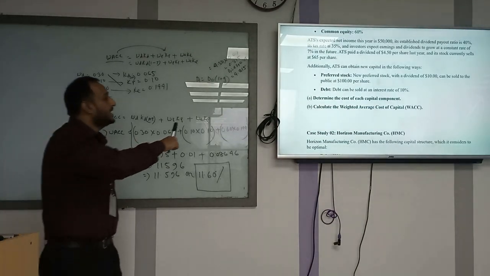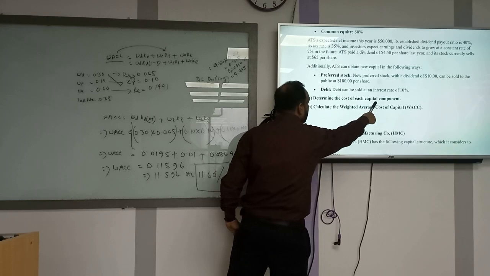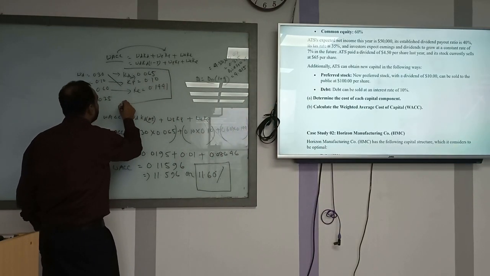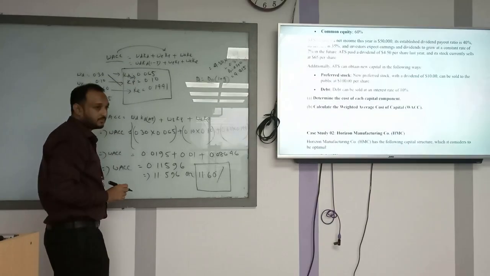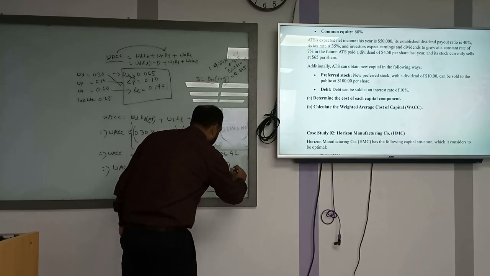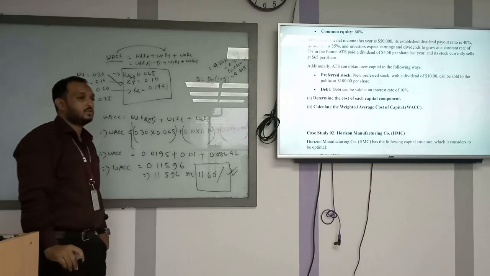So আমাকে বলেছে determine the cost of each capital component। So each capital component-এর cost গুলো হচ্ছে এটা, and then calculate the weighted average cost of capital। So this is the weighted average cost of capital.